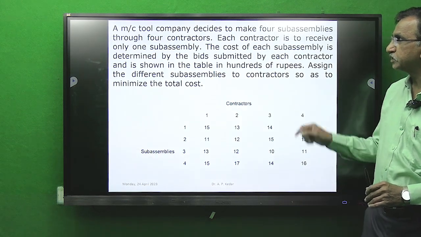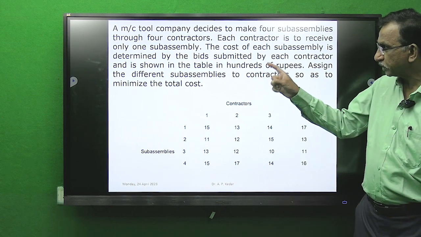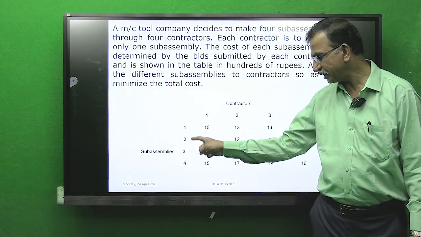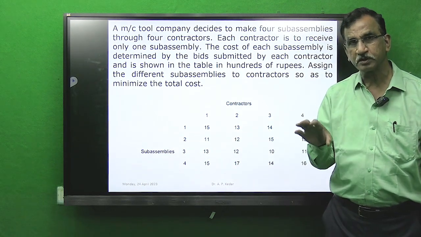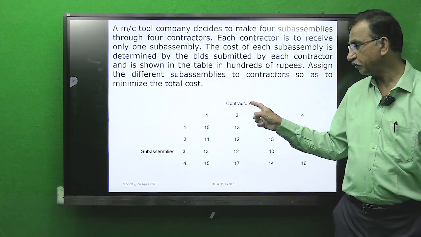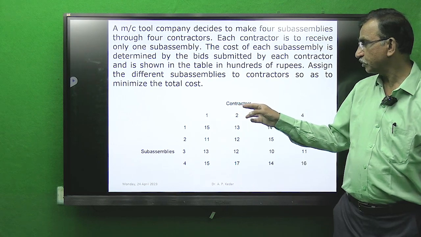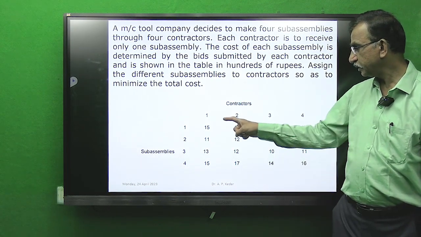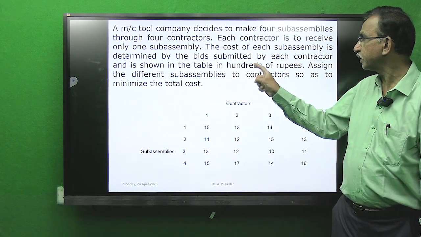Now see, this is the problem which we have discussed in the last lecture. We have to assign these 4 subassemblies, subassembly 1, 2, 3, 4, and 4 contractors are available which can perform these tasks. It is given that these contractors have different skills of doing the job, and the cost given in the matrix is in terms of hundreds of rupees.